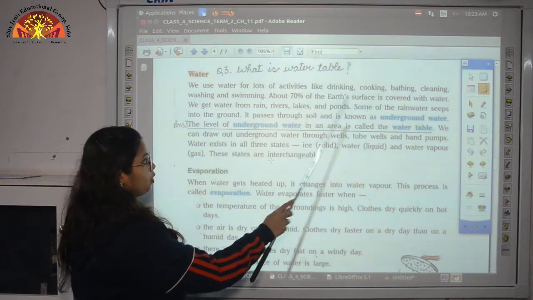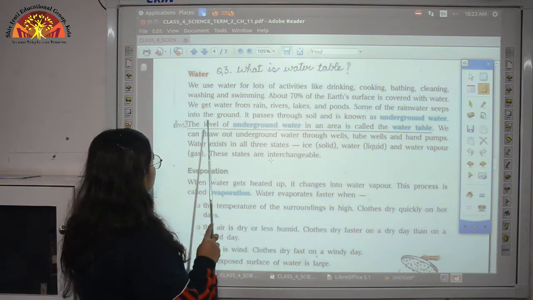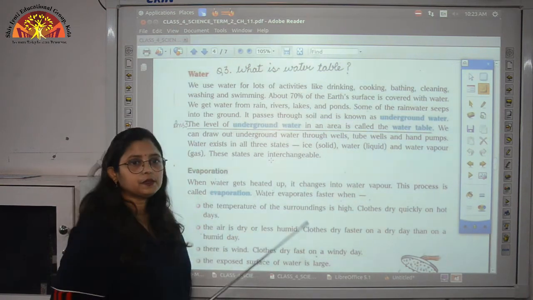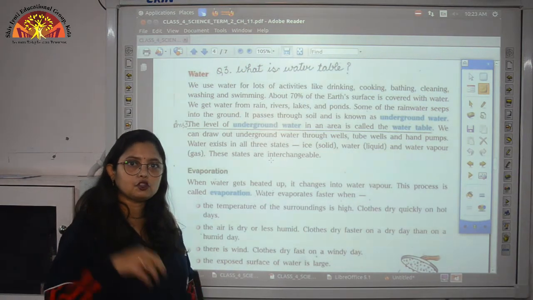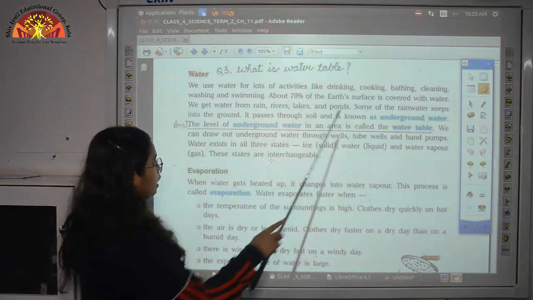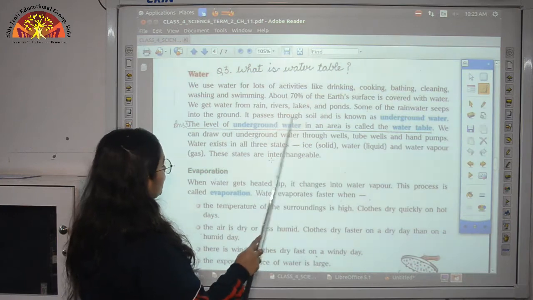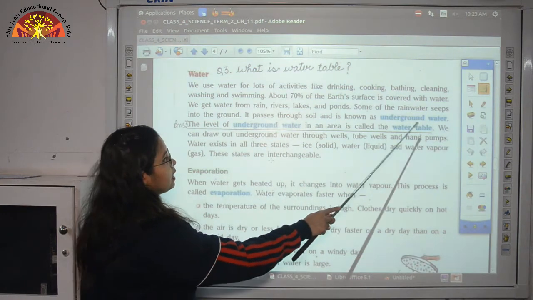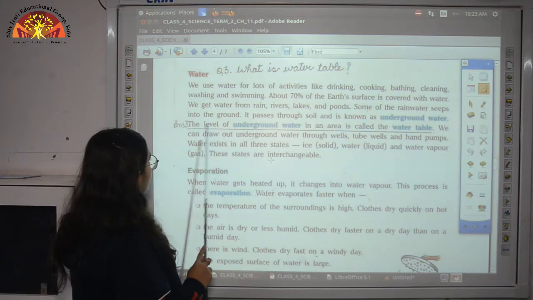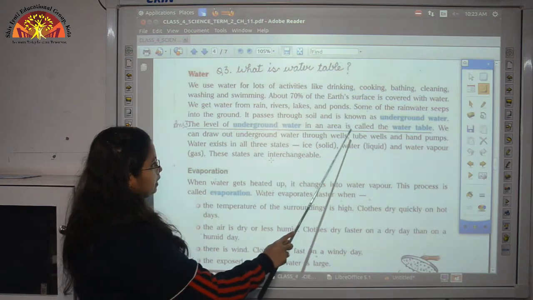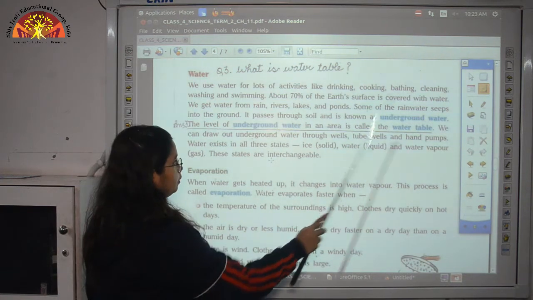So we can see here that 70% of it is covered with water, and we get water from rain, rivers, lakes and ponds. So some of the rainwater seeps in the ground. Seeps in the ground here means it gets into the ground through the soil, and this is known as underground water. So the level of underground water in an area is called the water table.